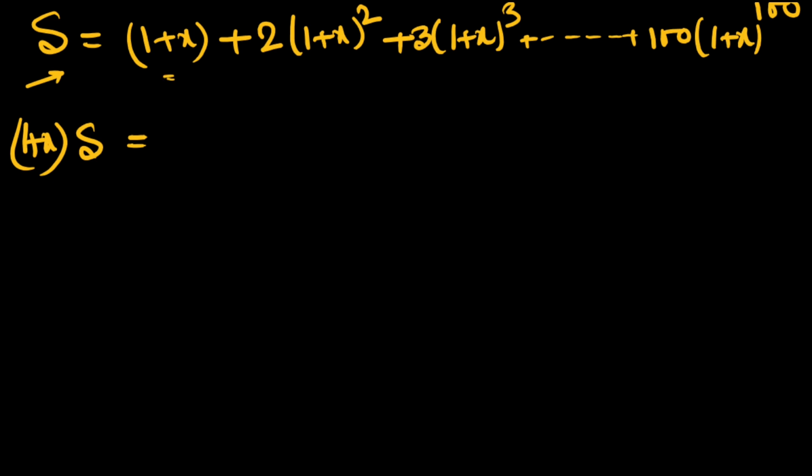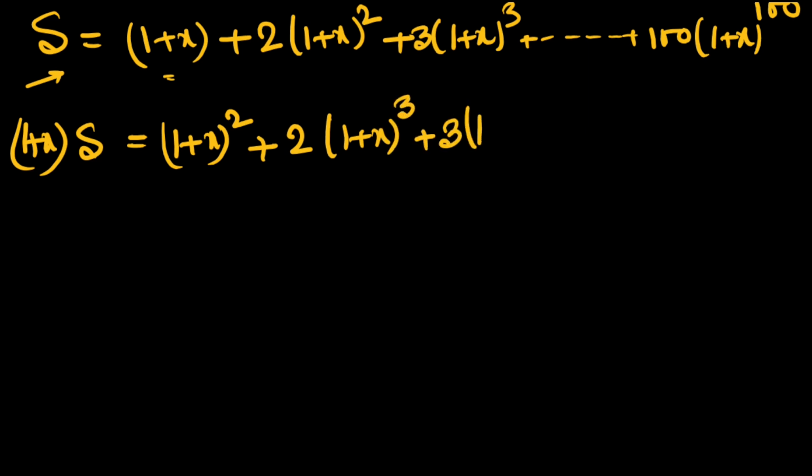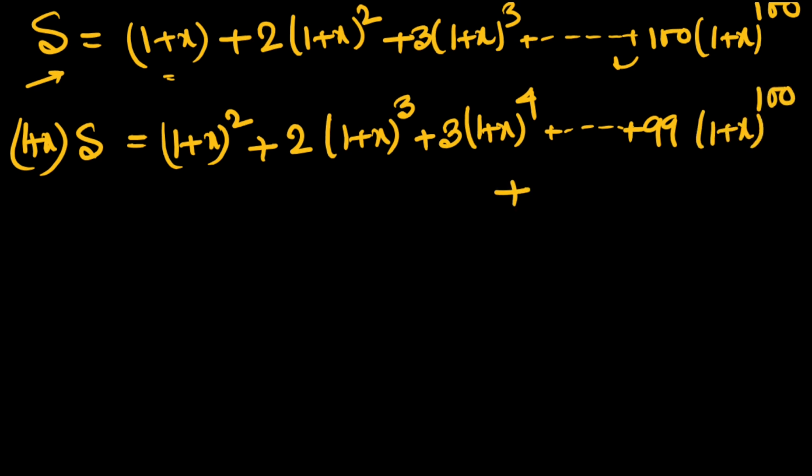Then the first term is reduced to (1 + x)^2. Then the second term is 2(1 + x)^3, plus 3(1 + x)^4, and so on, and before the last term it is 99(1 + x)^100, plus 100(1 + x)^101.